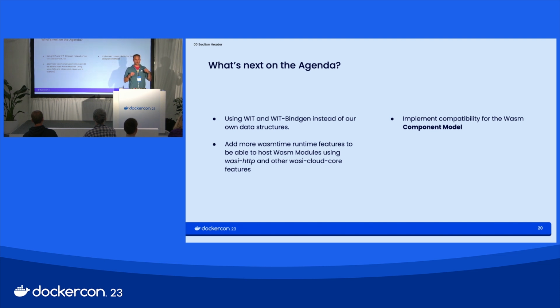Then we would like to add more features from WebAssembly to our implementation so that we are compatible with WASI HTTP or the WASI Cloud Core features. And of course, investing more time into the WebAssembly component model, which is, I think, an amazing thing. But if we start digging into the component model, we would not be out of this room by 11 or something. So we're not doing this.